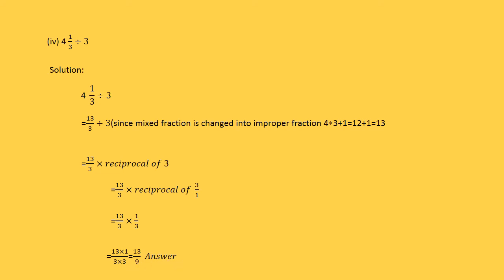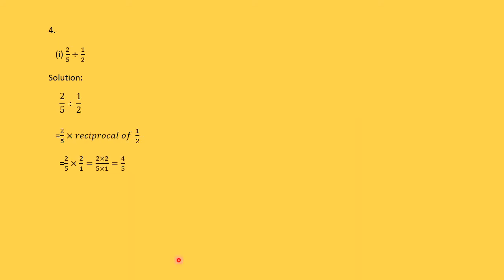Okay, we will go to the next question. 2 by 5 divided by 1 by 2. Again we have to change the divided by symbol into a multiplication symbol by writing the reciprocal of 1 upon 2.